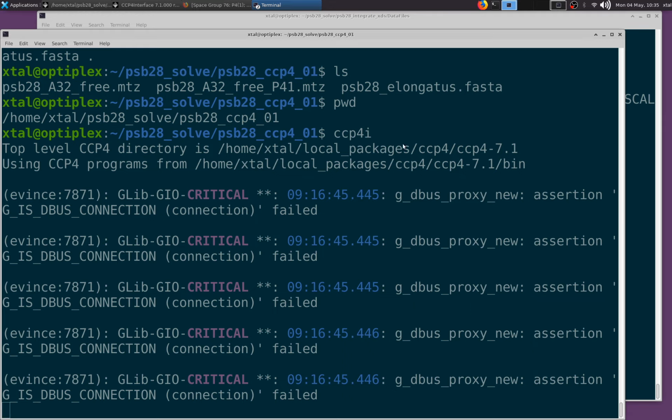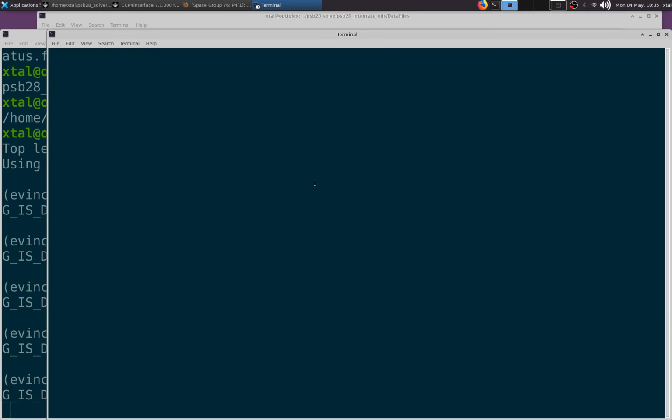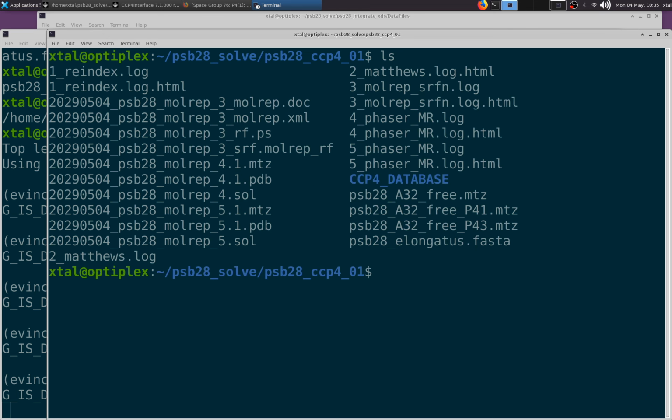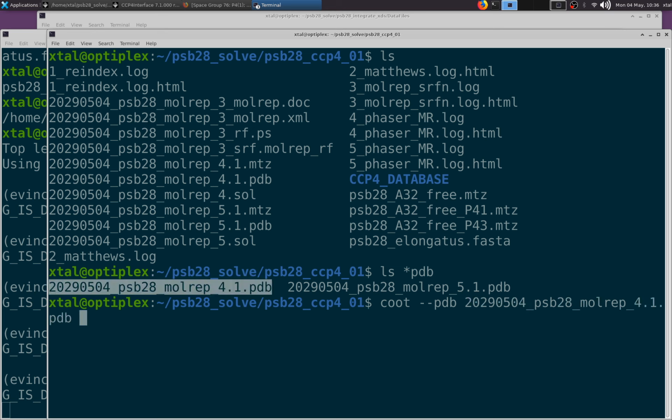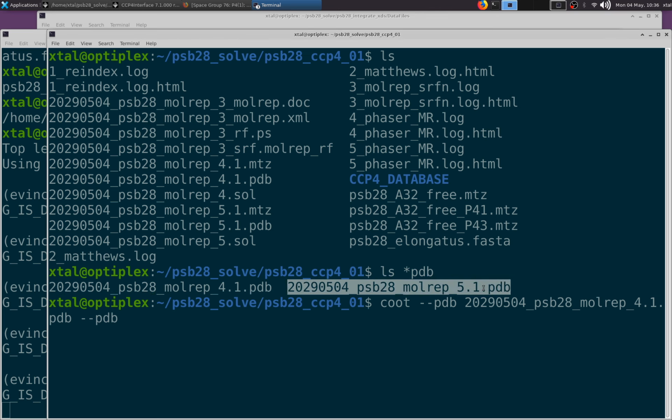Let's take a look at those coordinates. So 4.1, which is P41, and 5.1, which is P43.